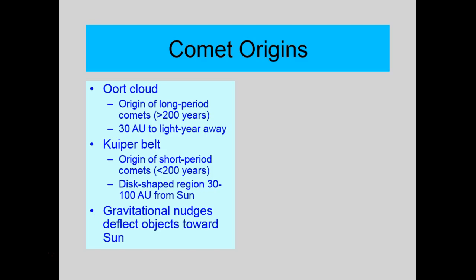The gravitational nudges deflect the object toward the sun. They could be just hanging around there for long periods of time, but then something else comes close, pulls it a little bit, and now it starts going toward the sun, okay?